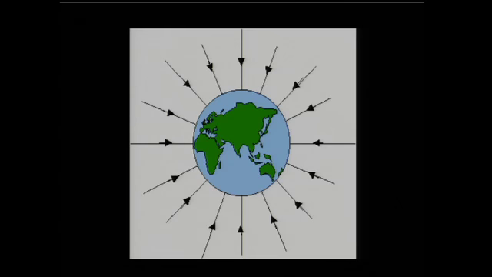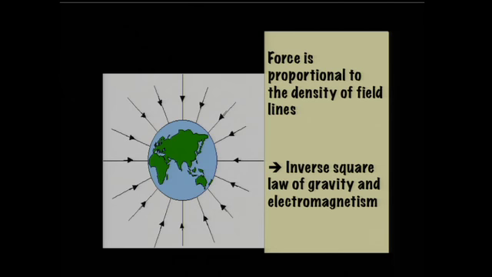And it turns out that gravity acts very much the same way. If I drew a picture of the Earth and its gravitational field lines, I would draw field lines either going in or going out. You actually have a choice in gravity. And they would be going out the same amount in every direction. Now, it turns out that the force of gravity or of electromagnetism is proportional to the density of field lines.